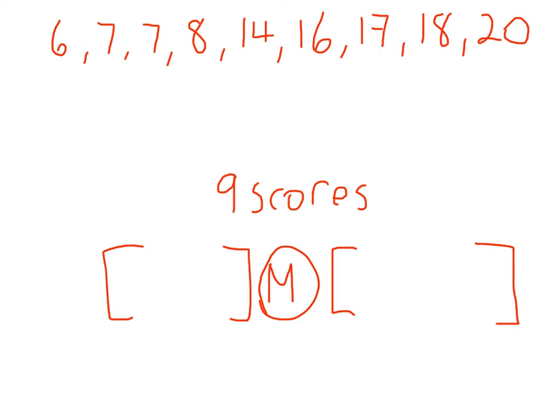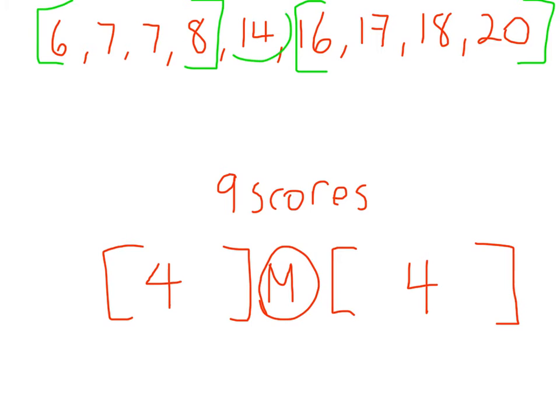If one of the scores is my median, that means I have 8 left, so I'm going to have 4 below and 4 above. So with my data set, I start from the front and I count 1, 2, 3, 4, and then from the back, 1, 2, 3, 4, and 14 here is my median.